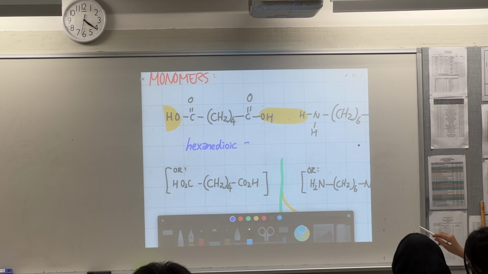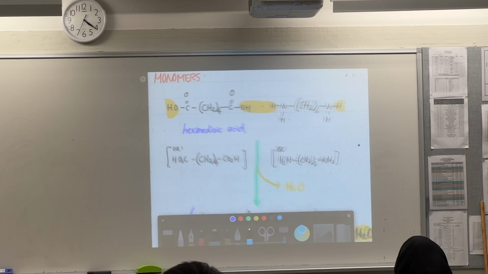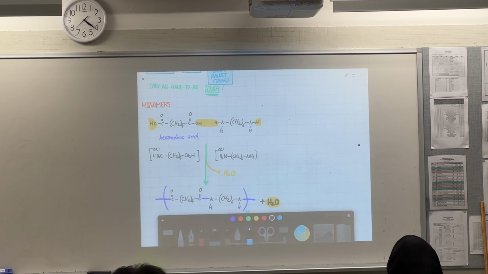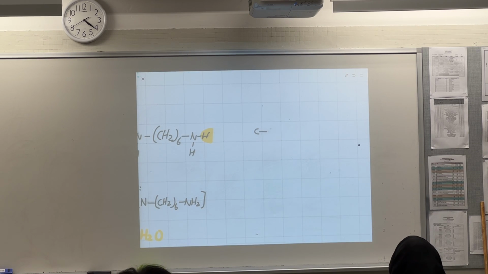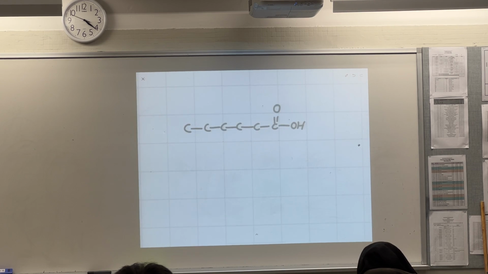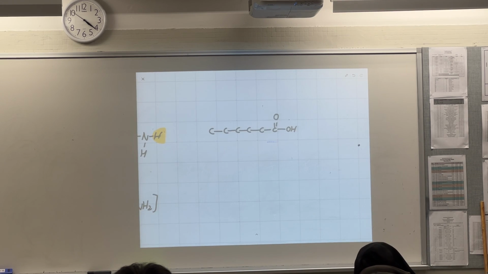Hexanedioic acid. When you name a 6 carbon acid, let me draw it for you: 1, 2, 3, 4, 5, 6. What do you call a 6 carbon carboxylic acid with just one COOH group? Hexanoic acid. If you see a carboxylic acid with both ends being COOH, what's the difference?